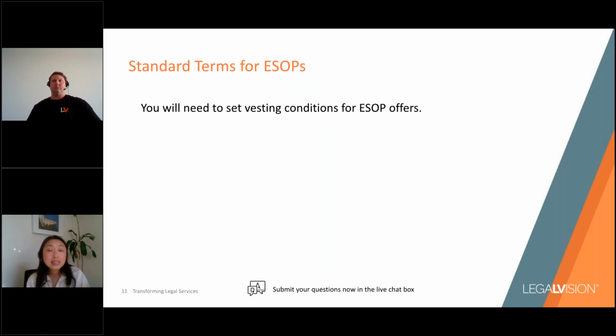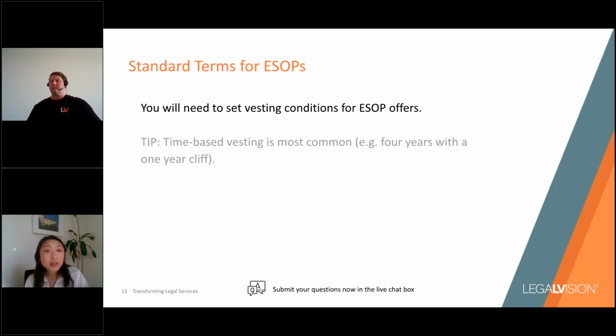And so for vesting, I will say that time-based vesting is more common than performance-based vesting. And the reason for that is because it's an objective standard and it can be made consistently amongst employees really easily.